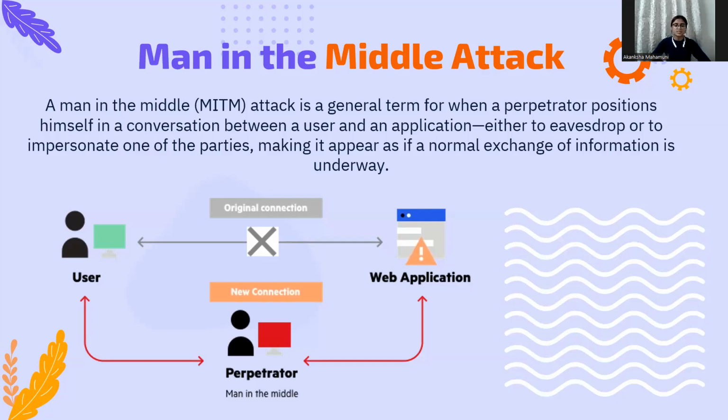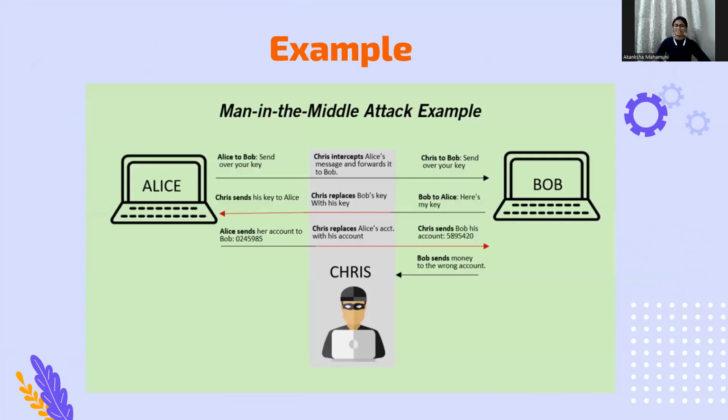This is how a man in the middle attack is performed. It can either harm a particular web application or it can pretend to be the destination device. Let's have a look at an example to understand this better.